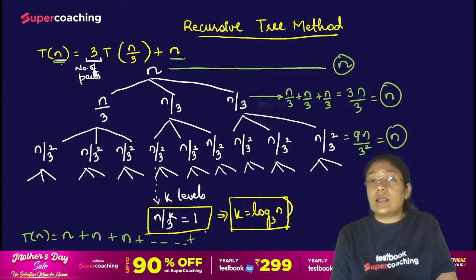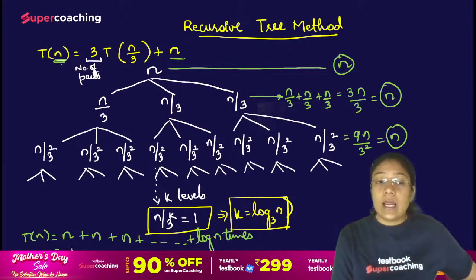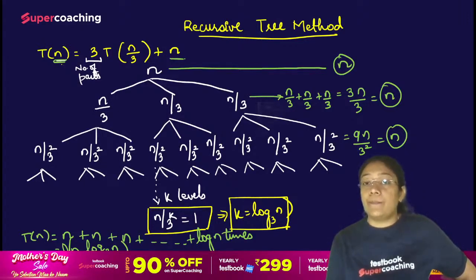We will be adding this for log n times, right? n को add कर रहे हैं for n plus n, तो this comes out to be n log n. Make sense? So time complexity comes out to be n log n.